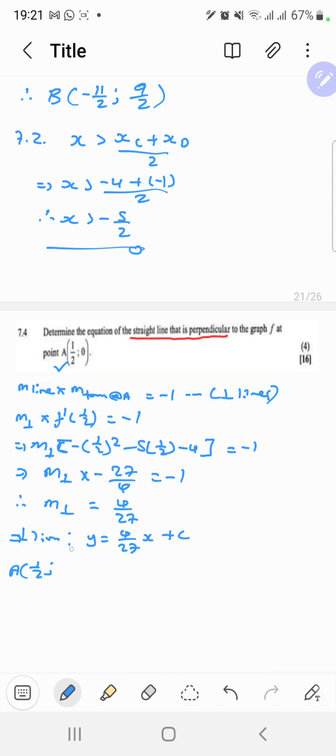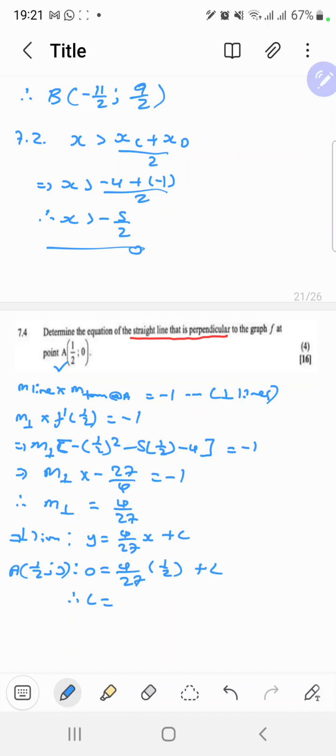And then through point A, which is a half, 2, 0. It will be such that 0 is 4 over 27 into a half, plus c. Therefore, our c is going to be 4 over 27 times a half.